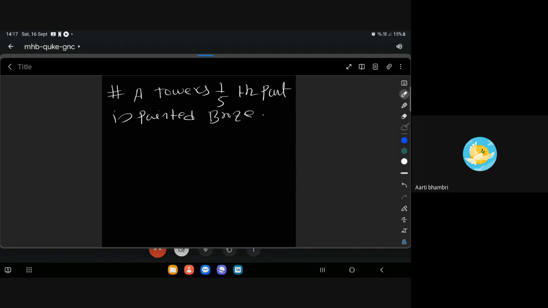Now, 1/4 of the remaining is painted in maroon. The rest of the tower is golden color.